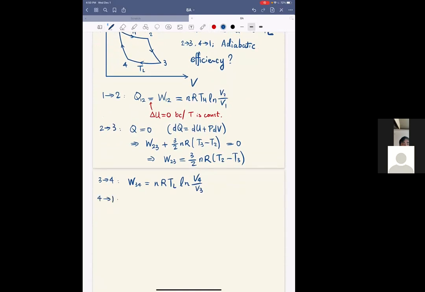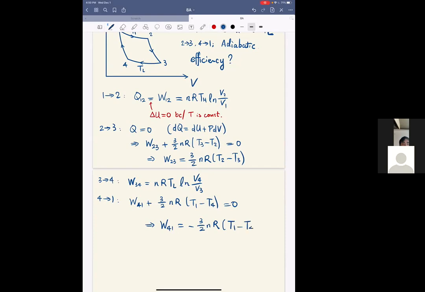And 4 to 1 is again adiabatic. So W41 plus 3/2 nR (T1 minus T4) equals 0. And that gives W41 equals minus 3/2 nR (T1 minus T4).